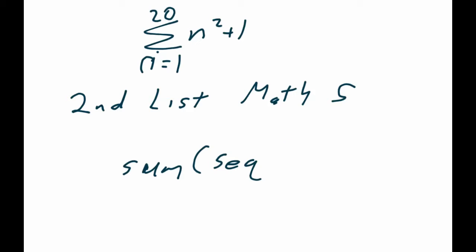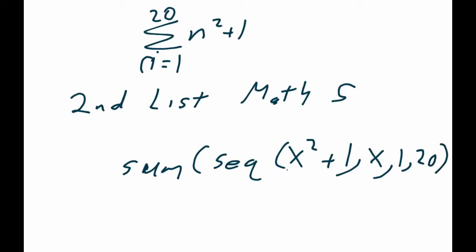The name of this sequence is going to be n squared plus 1. But in my calculator, it's easier for me to write down x, so I'm going to write down x squared plus 1. Then the next one, some of you have the menu, and some of you are doing this along. When you do comma, you want to do x. The comma is right above the 7 button, or if you have the menu, the variable is just going to be x. Then your starting number is 1, and your ending number is 20.